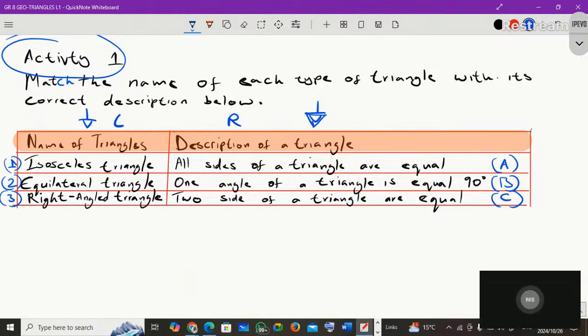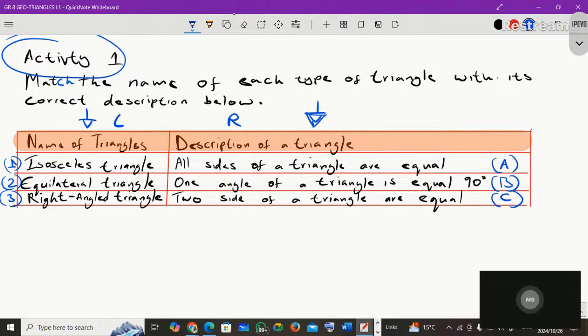Or else you can just pause the video and try answering this on your own before we get to the corrections. Okay, without wasting any time, let's get back to the corrections.